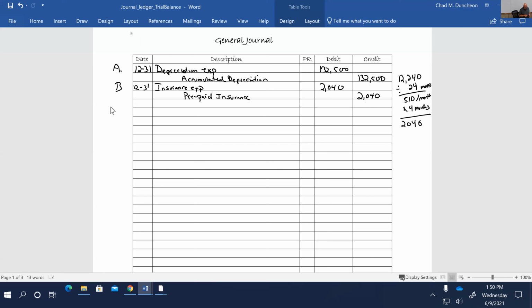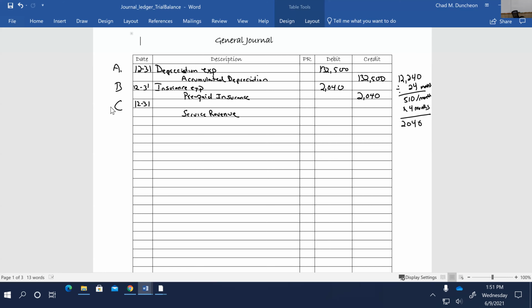prepaid. Okay, C, we have a contract to perform the payroll accounting for bank department stores. On December 31st, 5,450 of services have been performed but are unbilled. We have performed the duties, so we have service revenue. We need to make sure we get it in the right period.